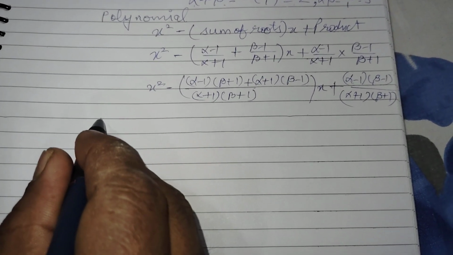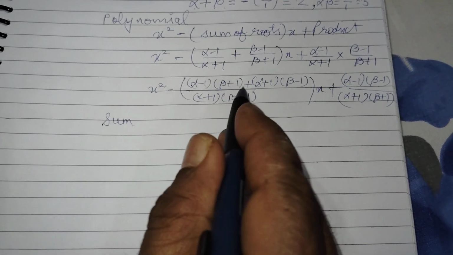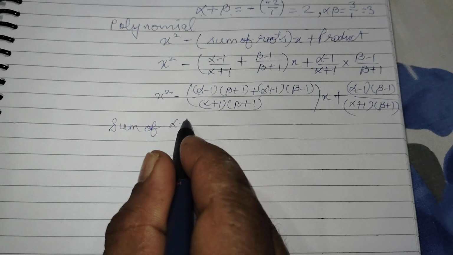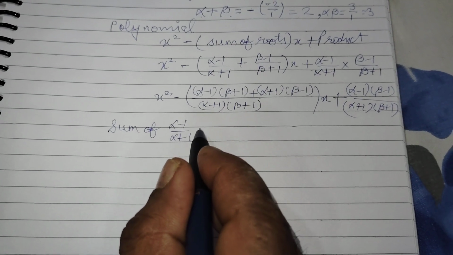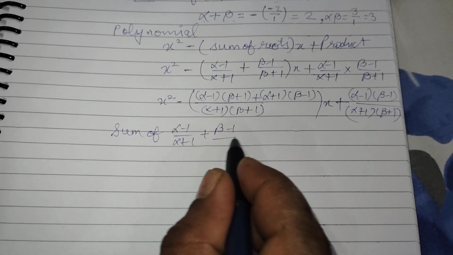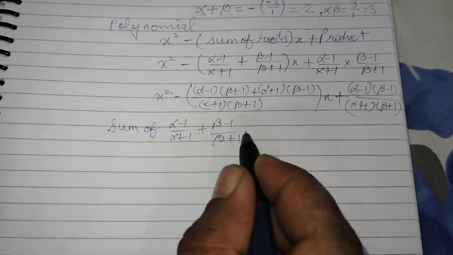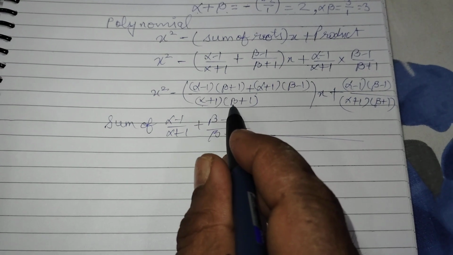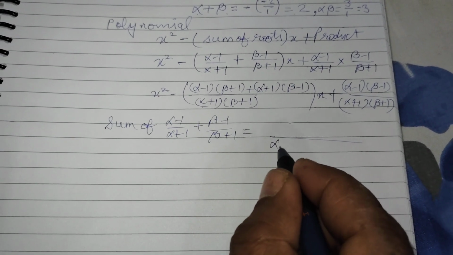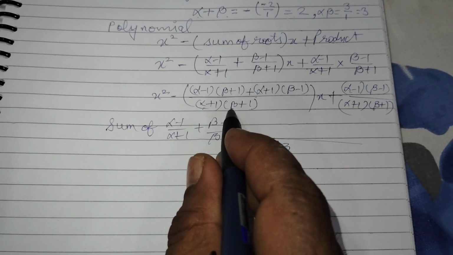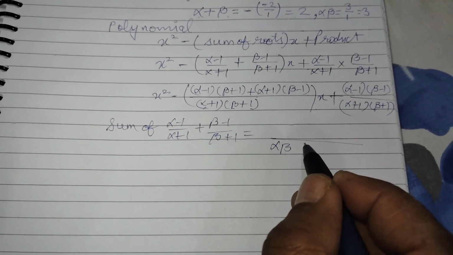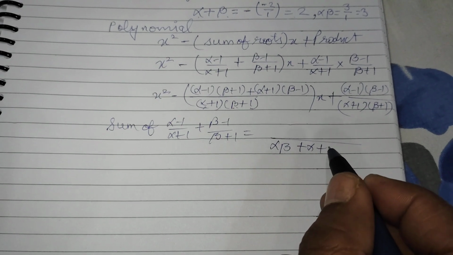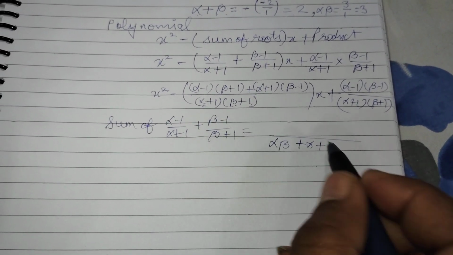First, the sum of roots, this term we solve. In the denominator, (α+1)(β+1) we multiply: alpha times beta gives alpha beta, alpha times 1 gives alpha, beta times 1 gives beta, and 1 times 1 gives 1.